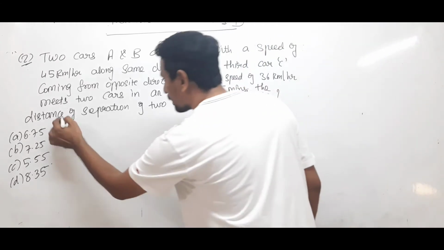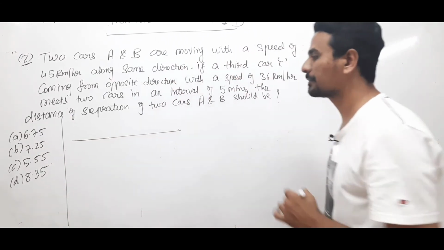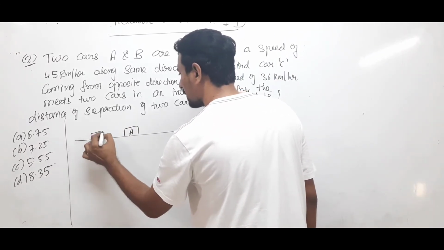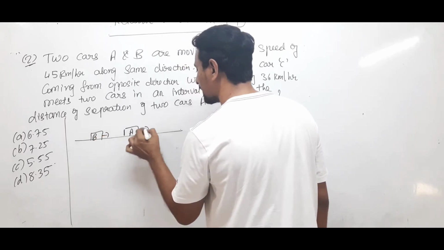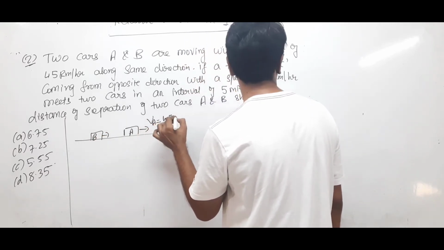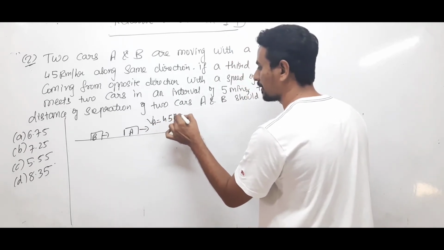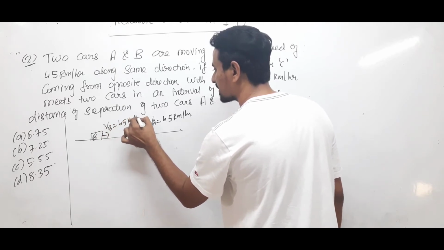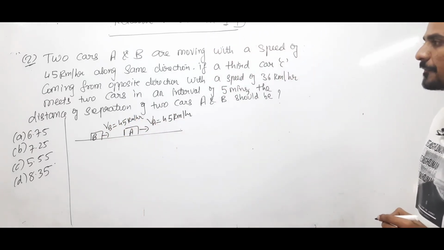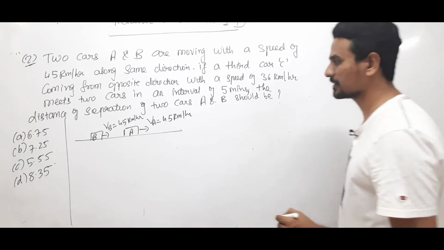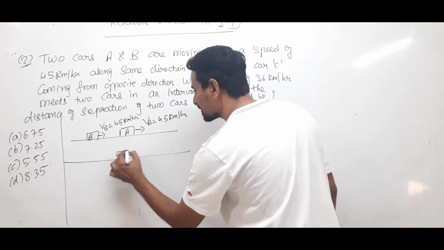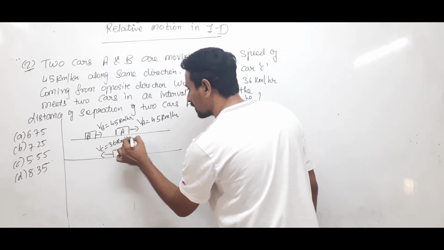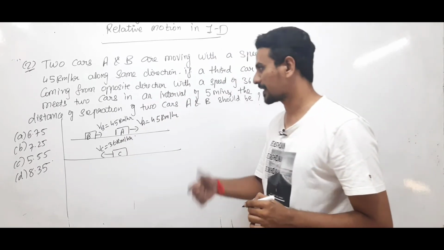We are not knowing which car is ahead and which car is behind, but both cars A and B are moving with a velocity of 45 km per hour, and car C is coming from opposite direction with a speed of 36.